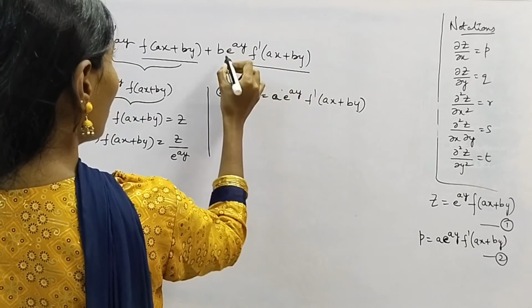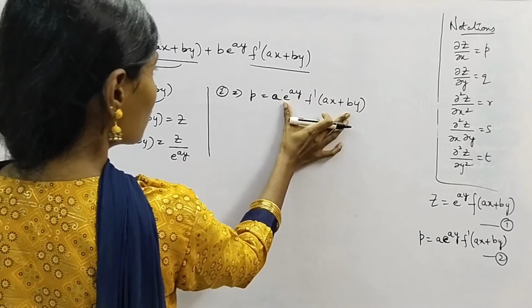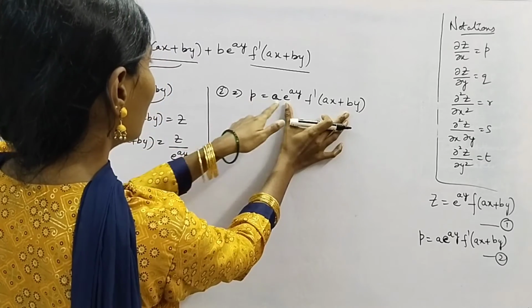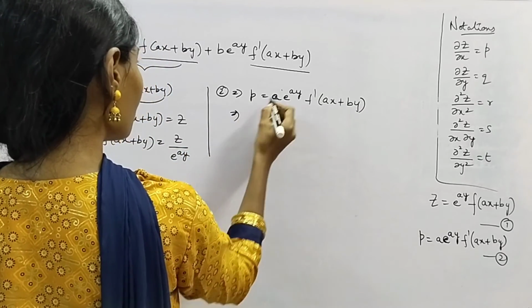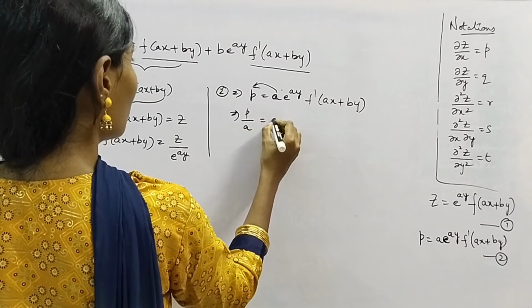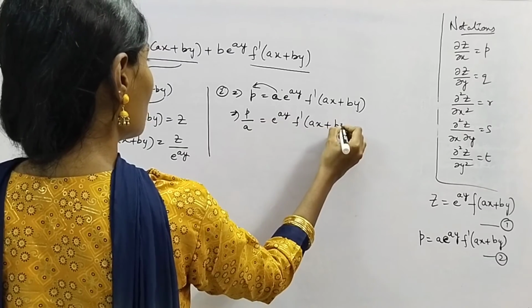So here observe, we are having e power ay into f dash of ax plus by, right? So we can just replace e power ay into f dash of ax plus by using p by a. Bring this a to LHS, you'll get p by a equal to e power ay into f dash of ax plus by.